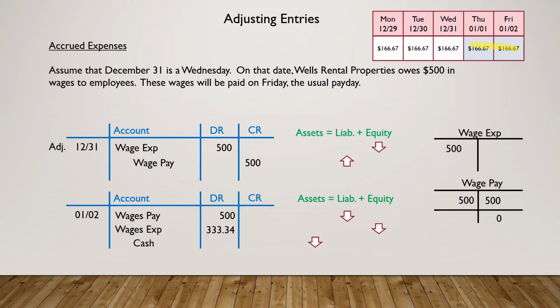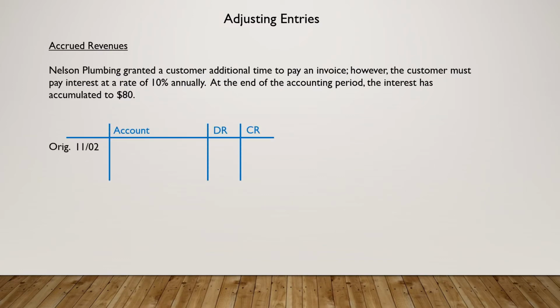The total cash credited will be $833.34. Our employees are being paid the $500 we owed them as of the end of Wednesday, and the $333 they've earned since Wednesday.